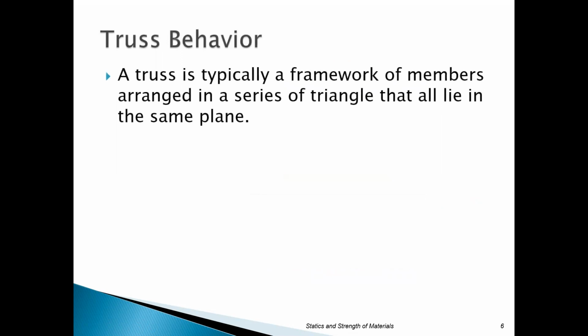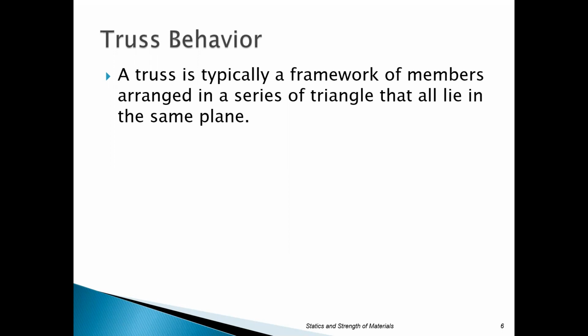So a truss, as we look at its behavior, is typically a framework of members that are triangles, and we're going to consider them all lying in the same plane. That's not really true, because if you have a three-dimensional bridge structure, you obviously have one side of the truss and another side, and the bottom and the top of the truss.